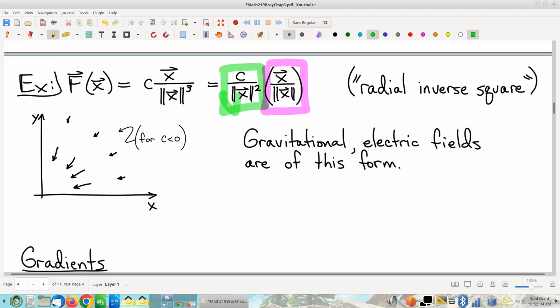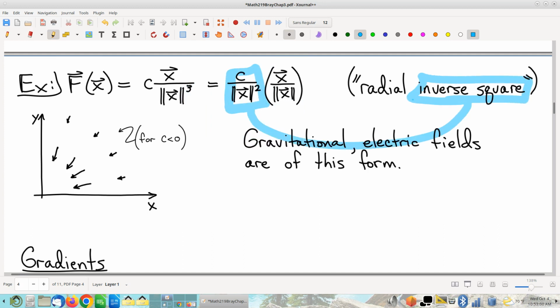So this here, what I have in green, is the magnitude. And notice you needed to, one of these three factors of magnitude, one of them I had to pull out over here to turn this into a unit vector, right? And so even though you see a 3 in the denominator here, this is actually inverse square in magnitude. Is that cool?